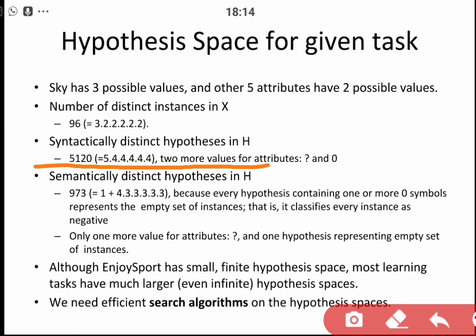So we are not considering the symbol 0, and we are left with 4 possibilities for each attribute that need to be considered for our hypothesis. But again, the most specific hypothesis could also be a possibility. We are adding a 1 over here for that.